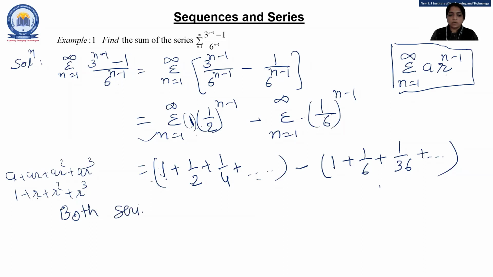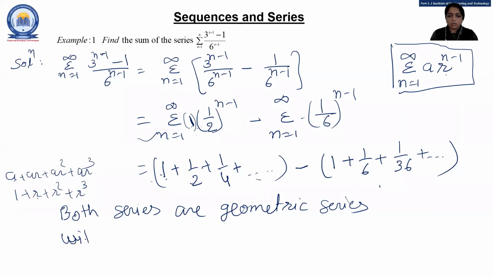Both series are geometric series, with ratio R1 of the first series being 1/2, which is less than 1, and R2 being 1 by 6, which is also less than 1.